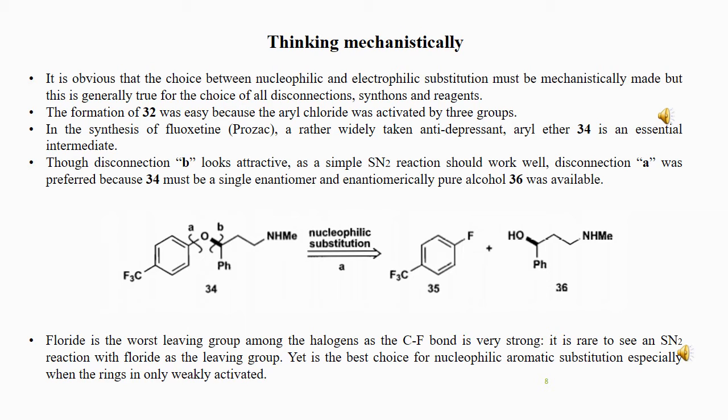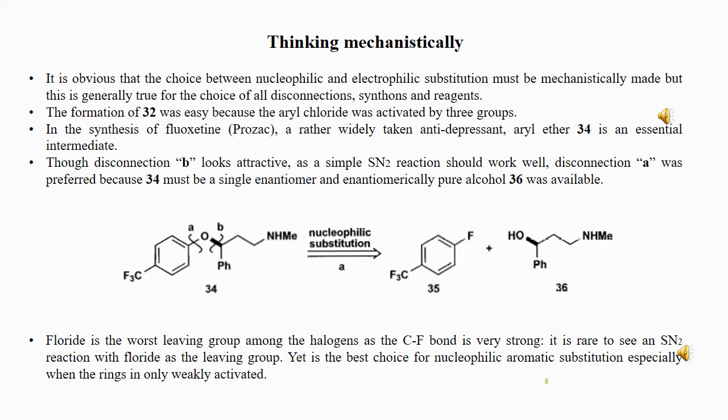So B disconnection looks very attractive as just an SN2 reaction should work well for that. SN2 reaction can add this substitution to the rest of the part. But what happens? Disconnection A is preferred over here because 34 is a pure enantiomer.